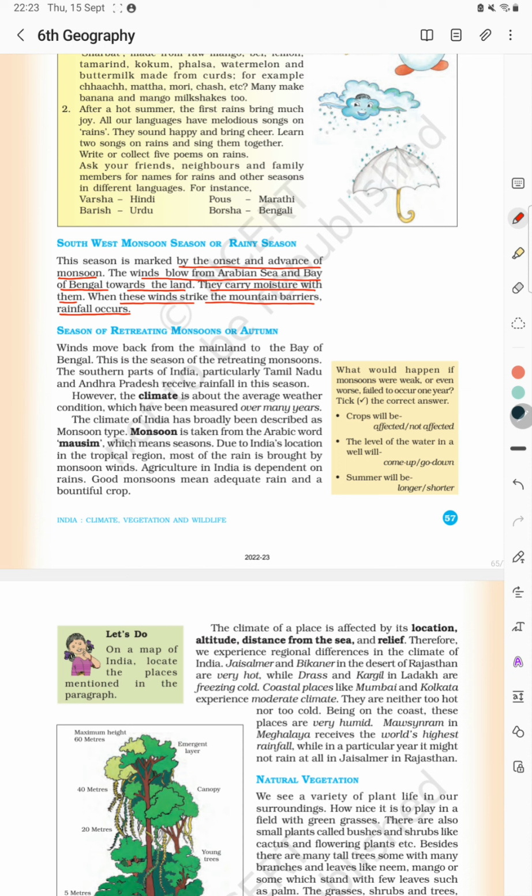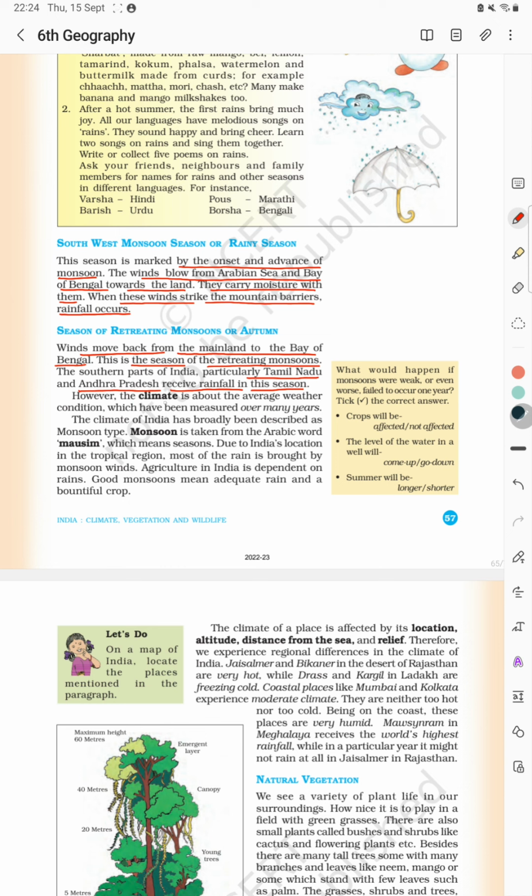The last is the season of retreating monsoon. The wind moves back from the mainland to the Bay of Bengal. This is the season of retreating monsoon. The southern part of India, particularly Tamil Nadu and Andhra Pradesh, receives rainfall in this season.